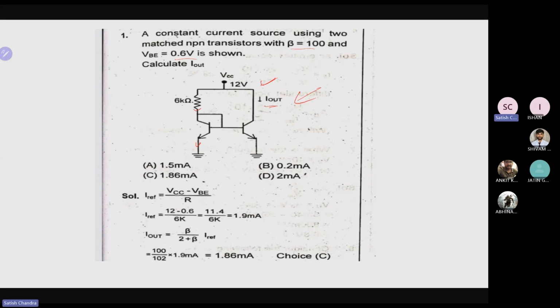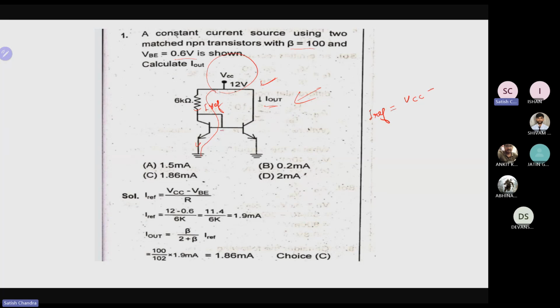So if we apply KVL across this, the reference current IREF is VCC minus VBE, divided by the resistance R. IREF equals (VCC minus VBE) over R. If I evaluate that, we get this value, which comes to 1.9 milliampere.